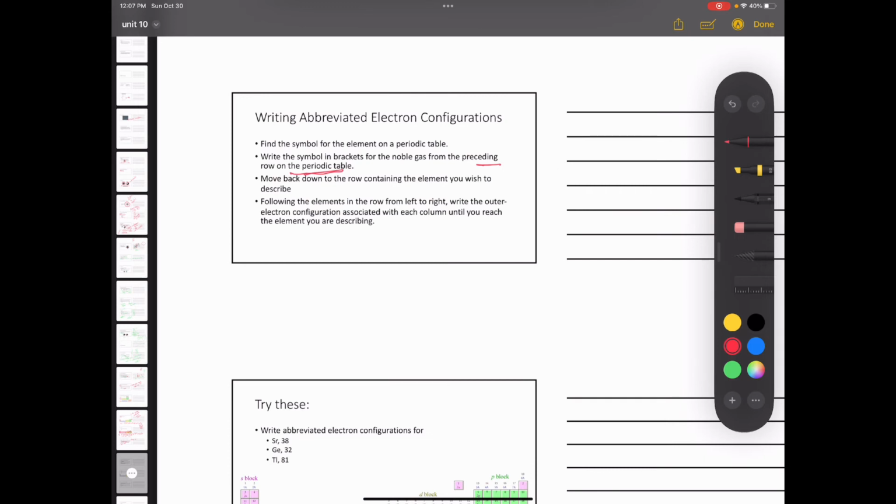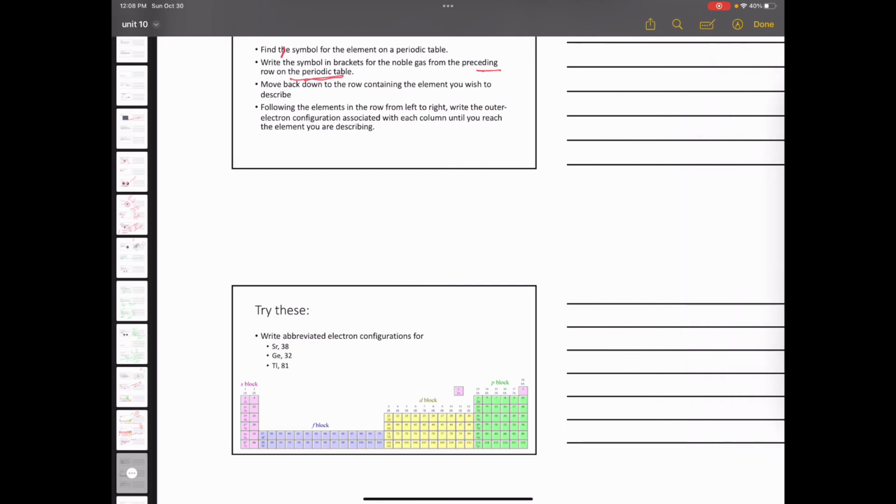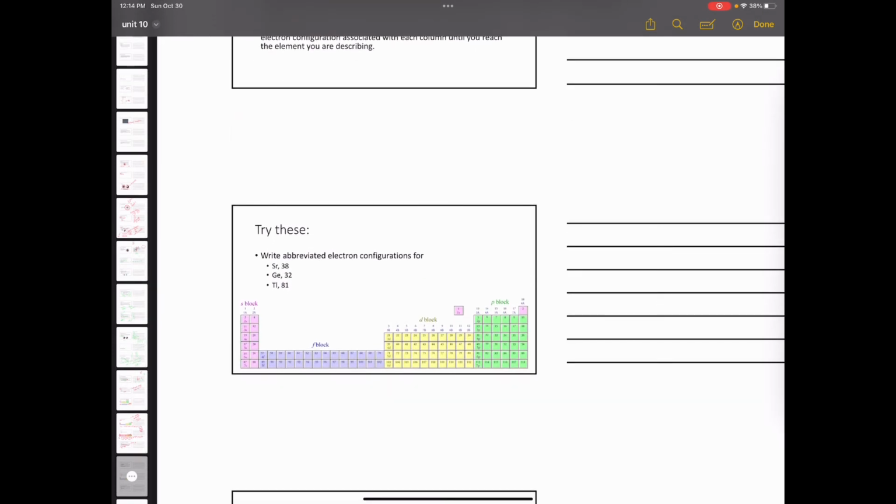So you would look at the periodic table, locate that element, look at the preceding row, and take that noble gas to represent the electrons that are not involved, the inside of the electron configuration. Okay, so next, move back down to the row containing the element you wish to describe. Following the elements of the row from left to right, write the outer electron configuration associated with each column until you reach the element you are describing.